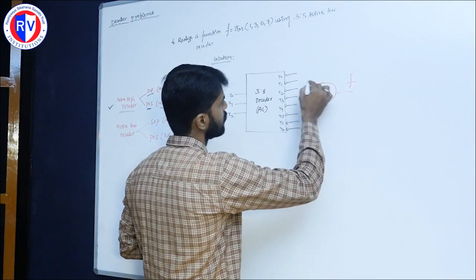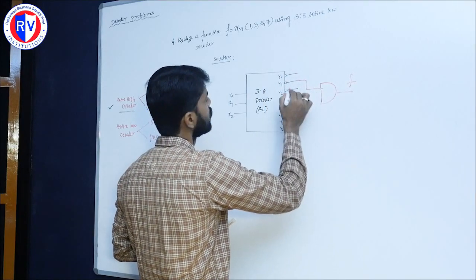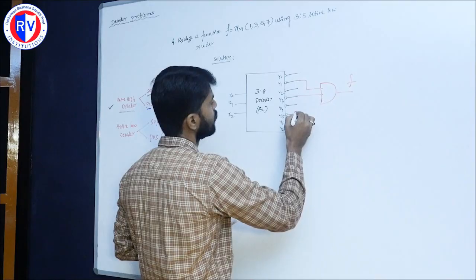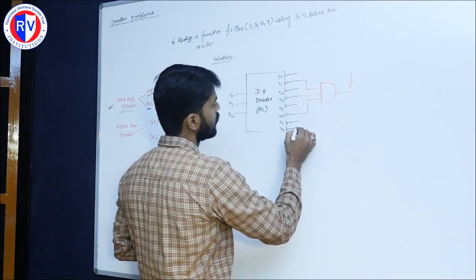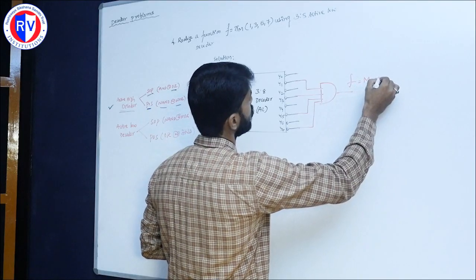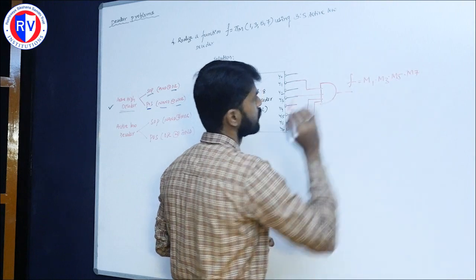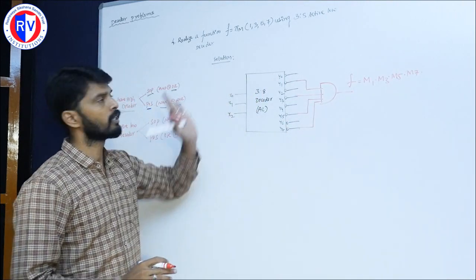This is the F. Then 1, 3, 5 and the 7 get connected. Finally I will get M1, M3, M5, M7. This is the solution for the given problem.